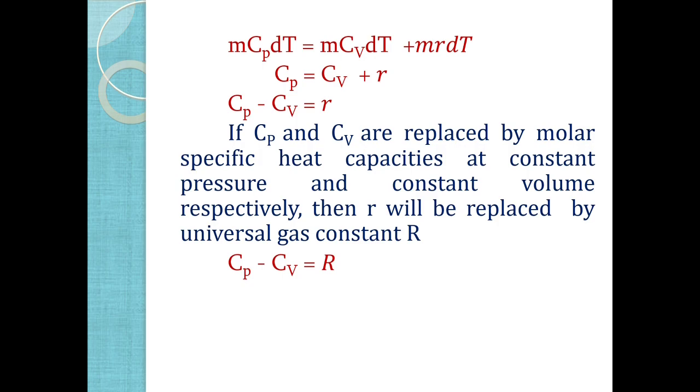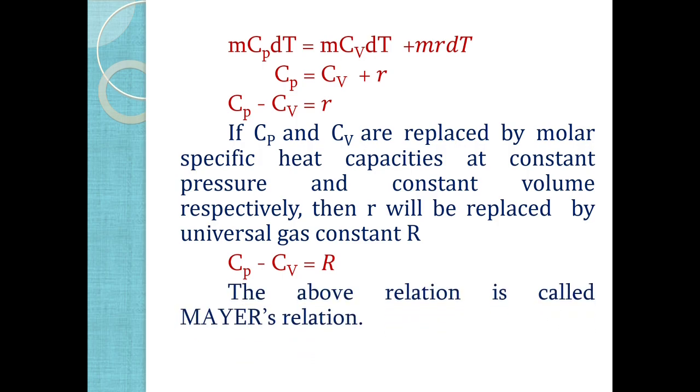So we can say Cp minus Cv equal to capital R, which is the most celebrated Mayer's relation, connecting the specific heat capacity of a gas at constant pressure and at constant volume. That means the specific heat capacity of a gas at constant pressure exceeds the specific heat capacity of a gas at constant volume by R.